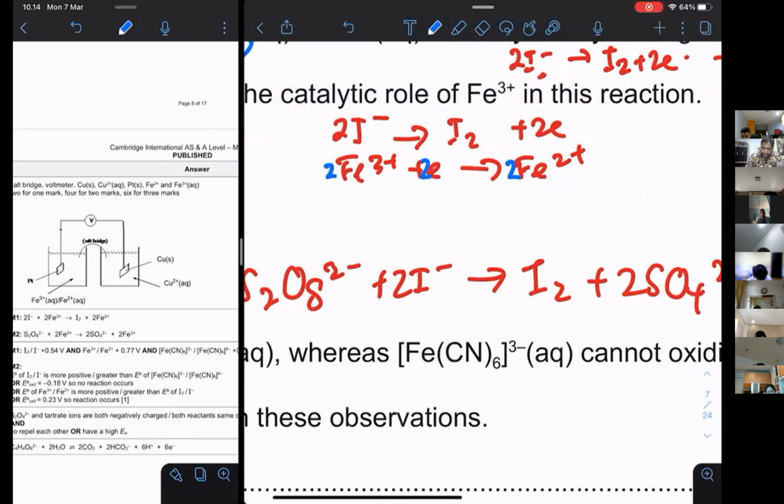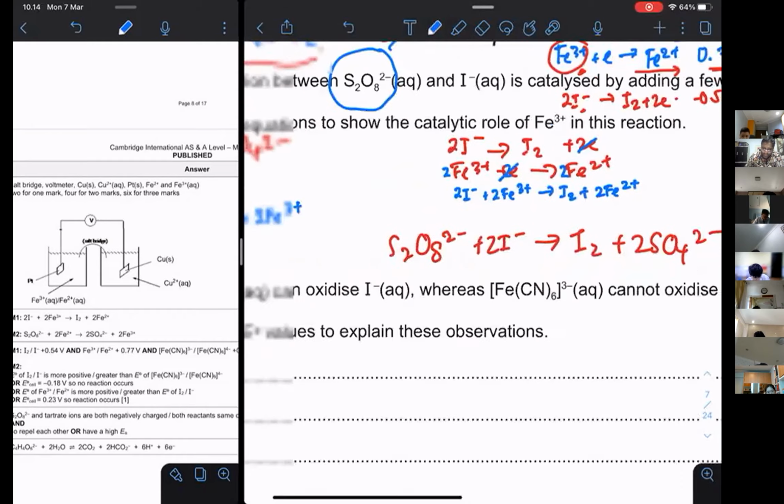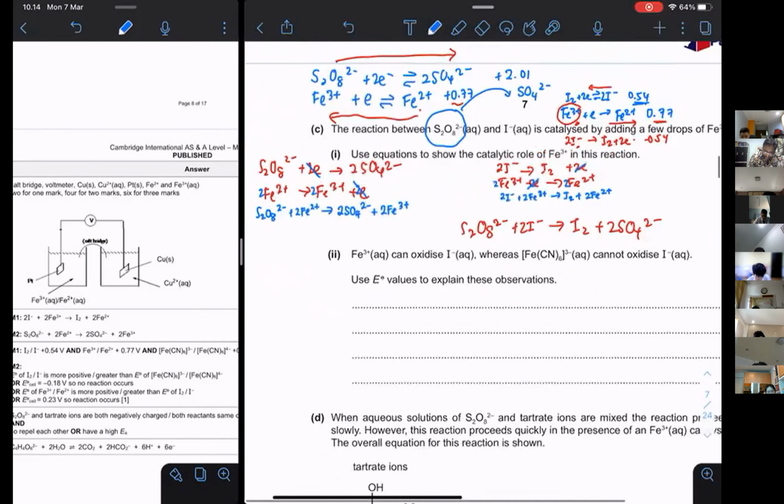I will have 2I minus plus 2Fe3 plus to give me I2 plus 2Fe2 plus. This is equation number 1, and this is equation number 2. What will happen if I add these two equations together?